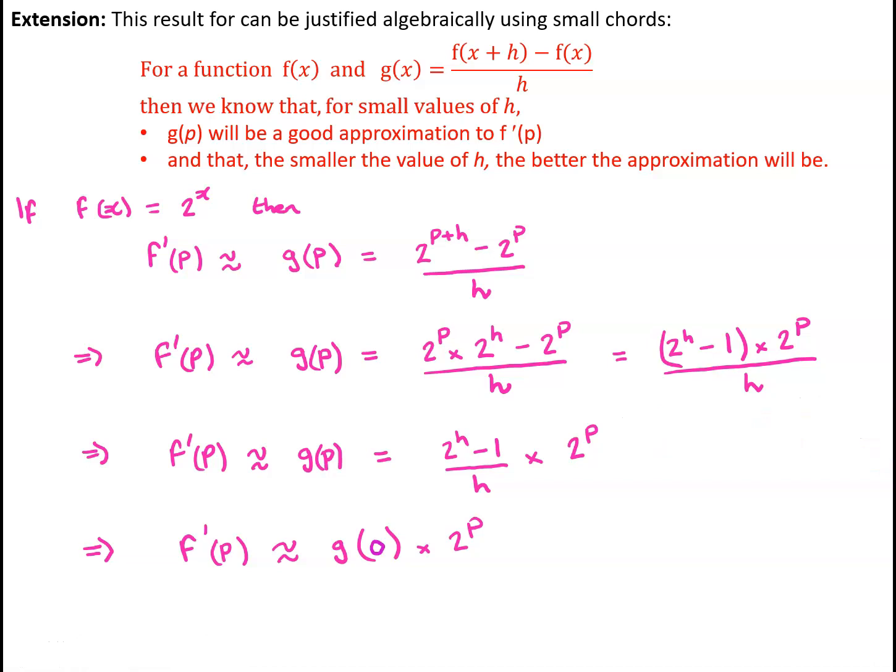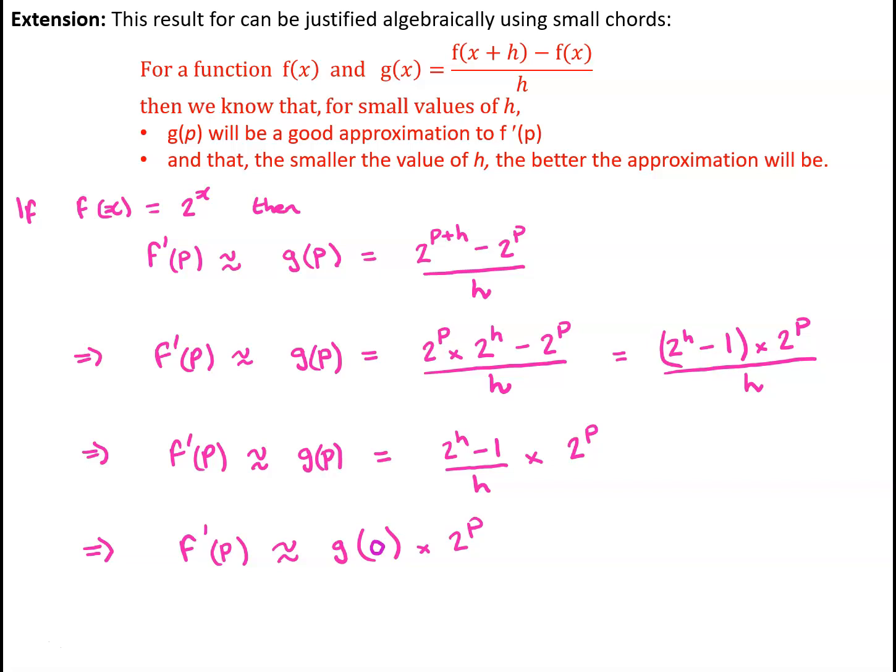Now, to get an exact value for f dash p, what we need to think about is what happens as we let h get smaller and smaller, so that the approximation becomes better and better. If we let h get smaller and smaller, then the value of g of 0 would get closer and closer to the value of f dash 0.